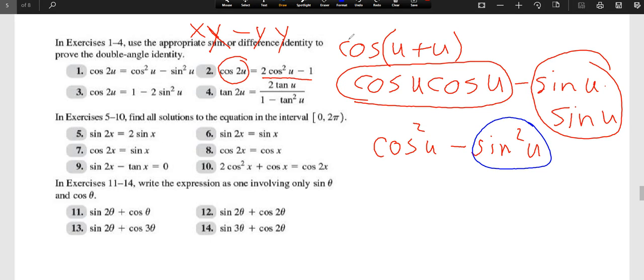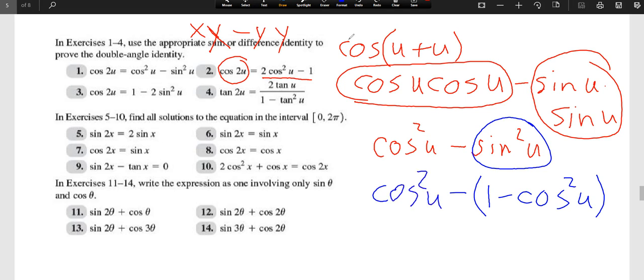Let's think about something that might be a little bit more old time, easier Pythagorean identity-ish. 1 minus cosine squared. Taking us back. It's so familiar. And then, of course, we distribute, right?